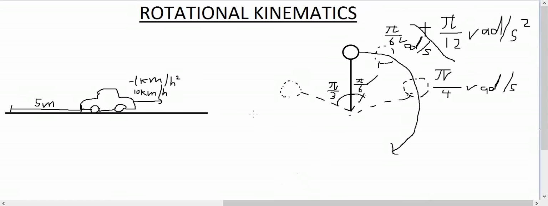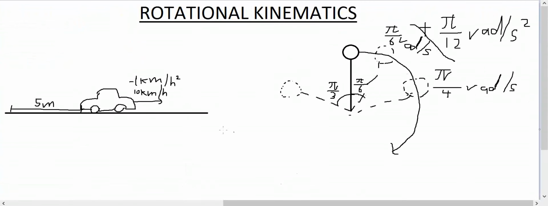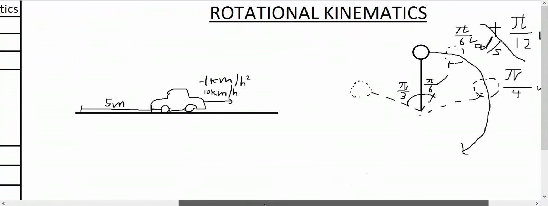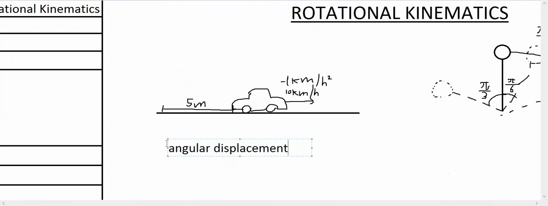Angular displacement, velocity, and acceleration aren't represented using S, V, and A. They are represented using Greek letters. Angular displacement is represented using the Greek letter theta.